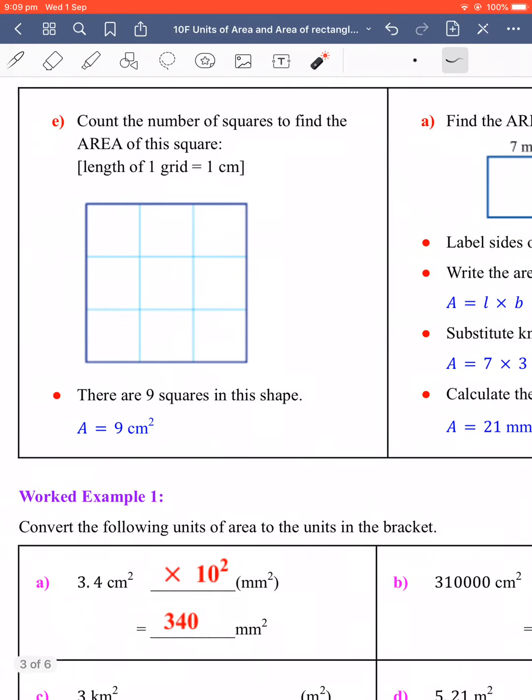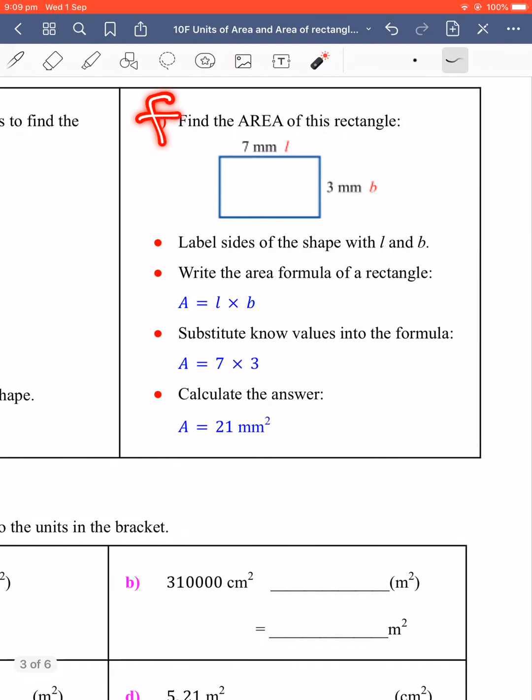Next one that you have here, this is our letter F, we are going to find the area of this rectangle. Area of rectangles again. With this one, we're focusing on the following 3 strategies. We are going to write the formula, we're going to substitute, and then we're going to write our answer with our units. First and foremost, I have my length and I also have my breadth.